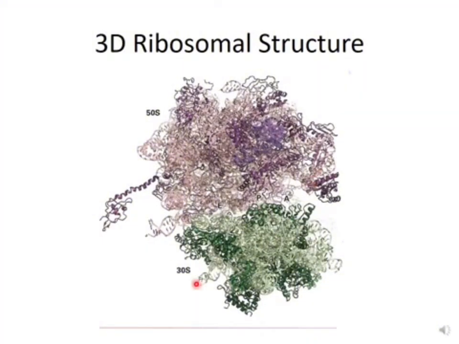This is a 3D structure of a ribosome. The purple part here on top is the large ribosomal subunit or the 50S subunit, and the bottom green part is the small ribosomal subunit or the 30S subunit.